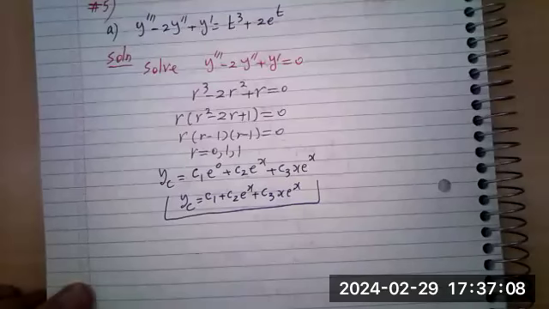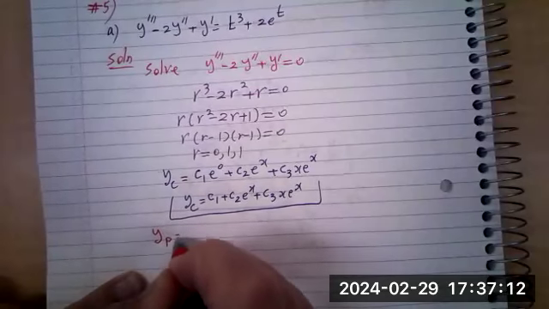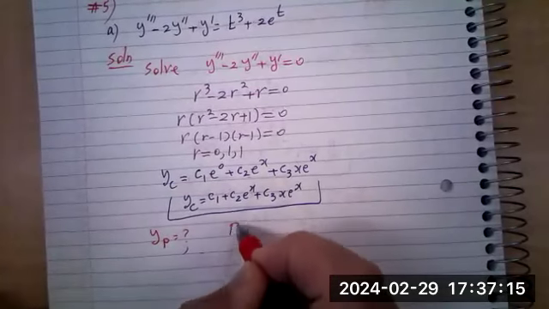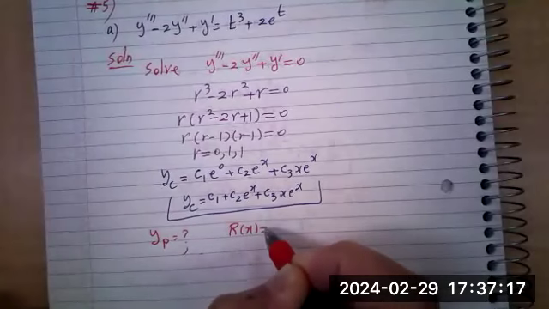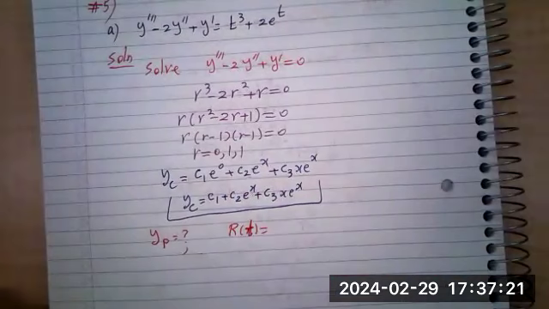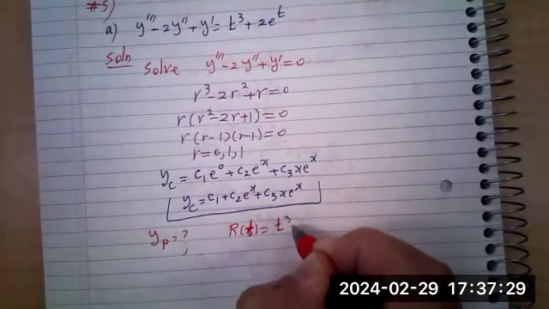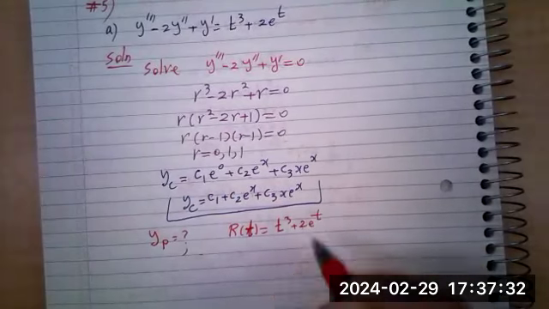Now doing the r of x and decide. So we'd like to find the yp. What is r of x? It's r of t, doesn't matter. In the book they use the variable t, doesn't matter. So r of t is t cubed plus 2e to the t.